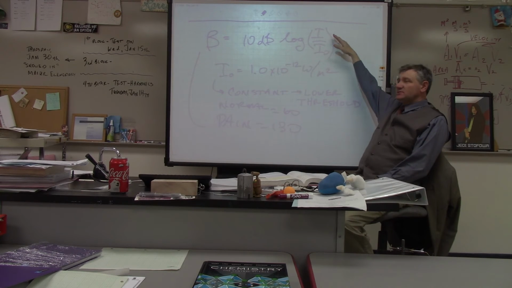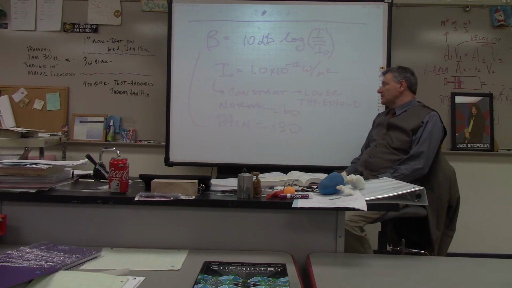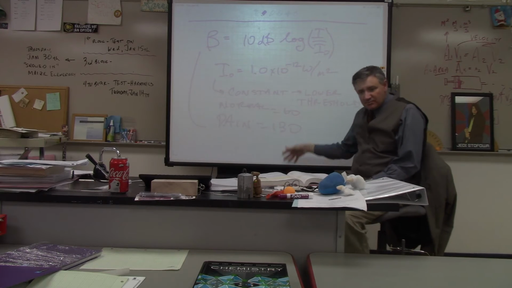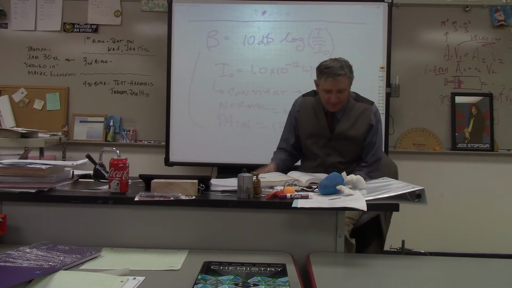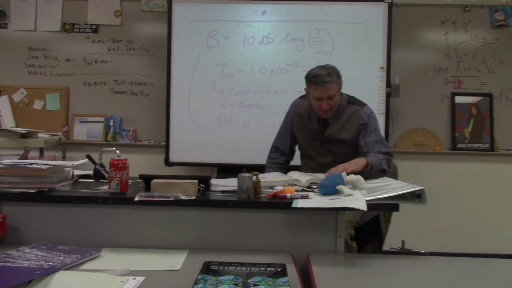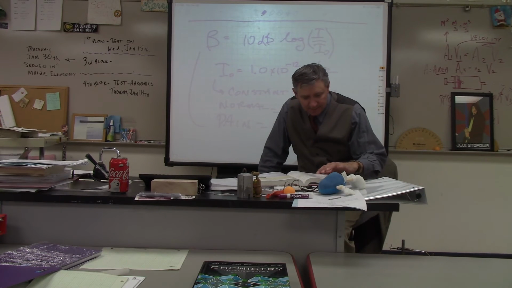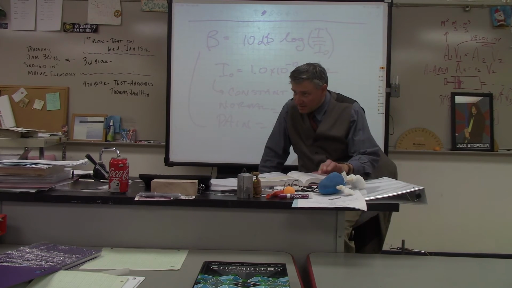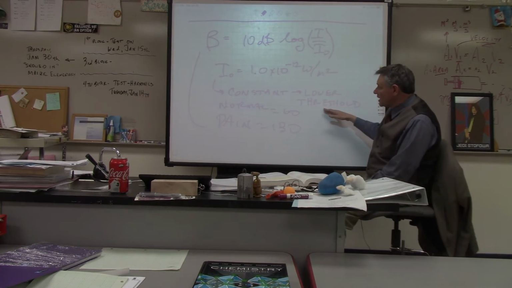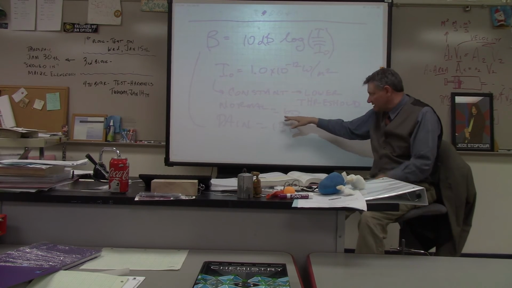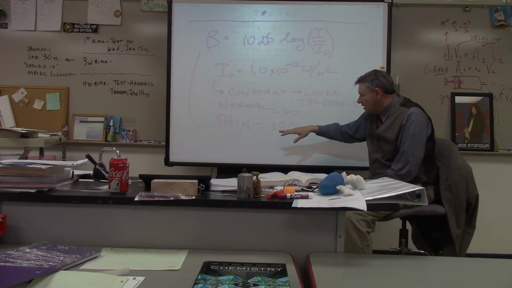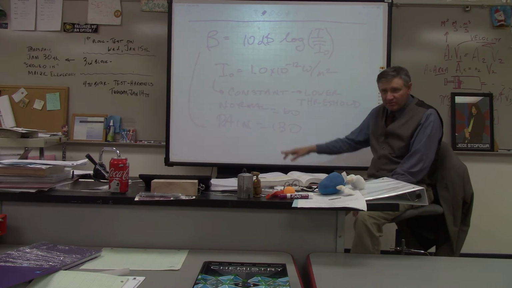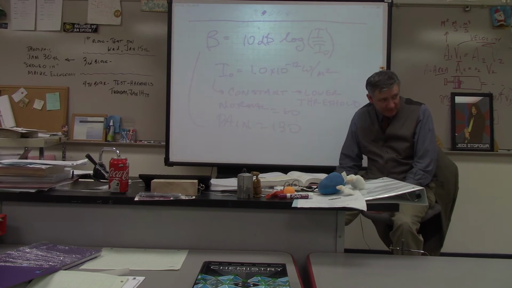So the only thing you can change is the intensity up here. This is a chart in your book, chart 15.3. It gives the intensity and the decibels at different values. Normal conversation is about 60 decibels. When you cross the threshold of pain where it actually hurts, that's like 130.